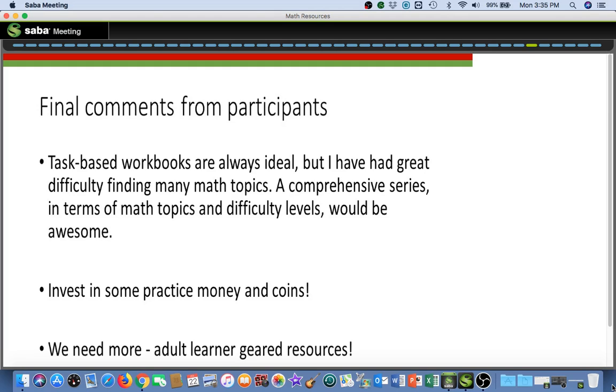Invest in some practice money and coins. So I'm sure many of you are already using those. Certainly not real cash and coins, but the practice stuff is helpful. We need more adult learner geared resources. Let's hear it for that with a round of applause. I think that was the message that came out across the board.